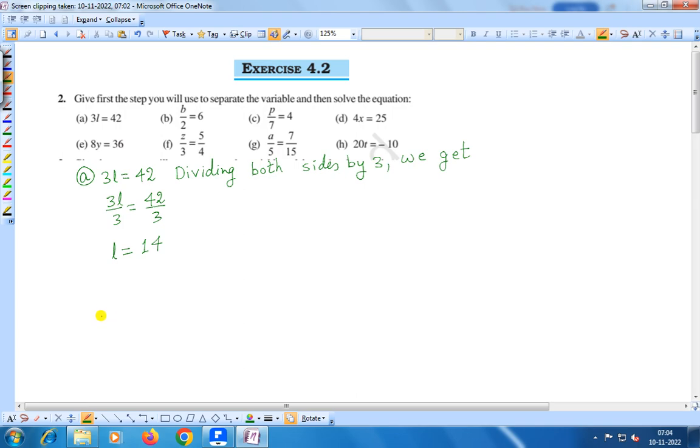Now question number B. Question number B is B by 2 is equal to 6, right?